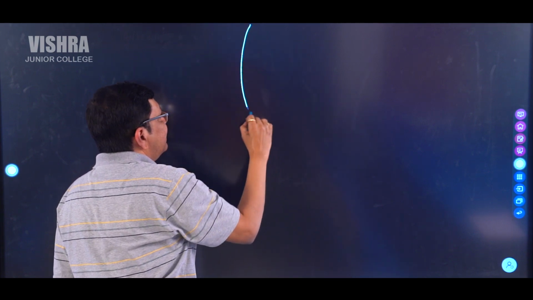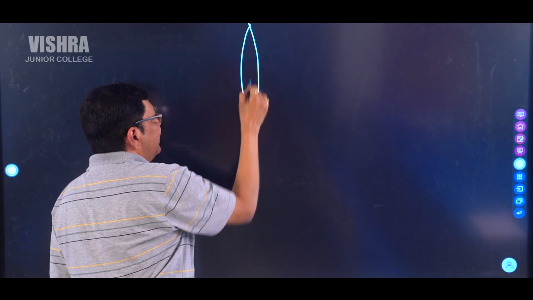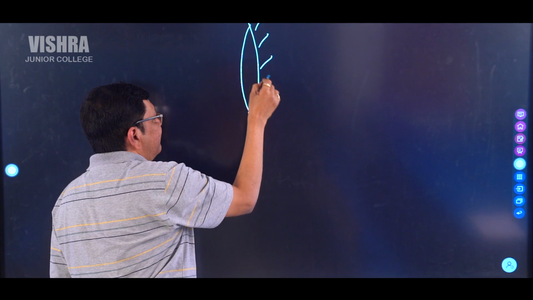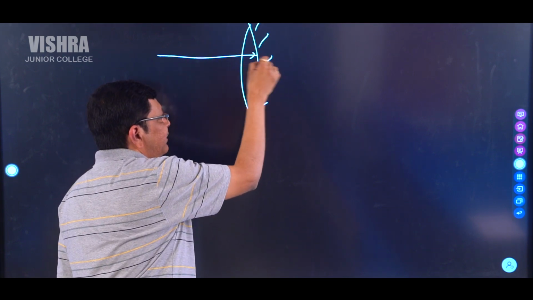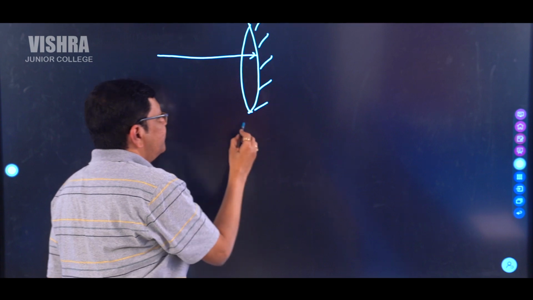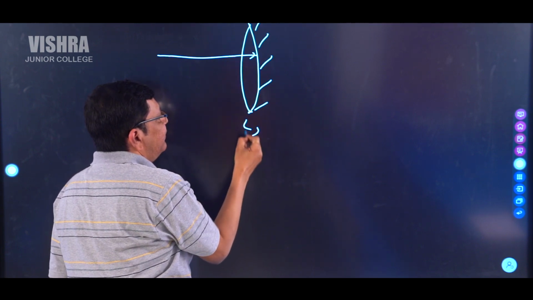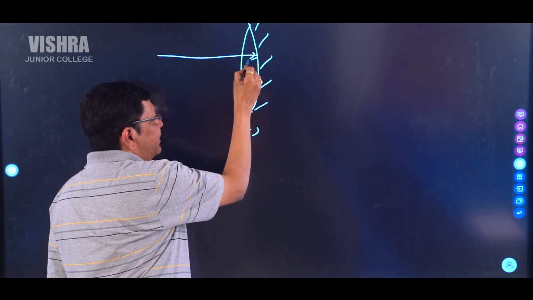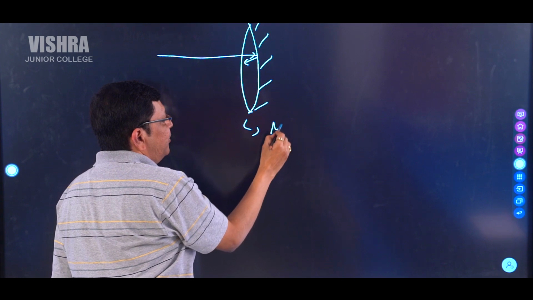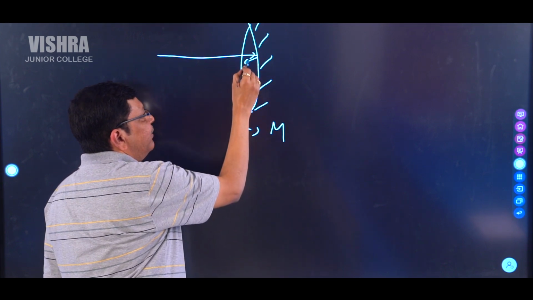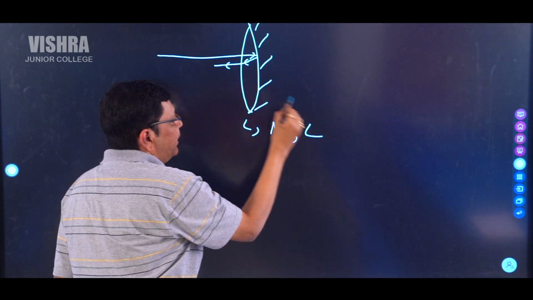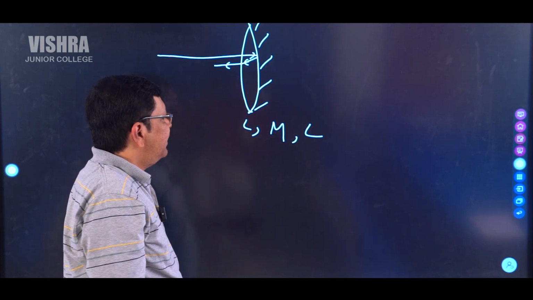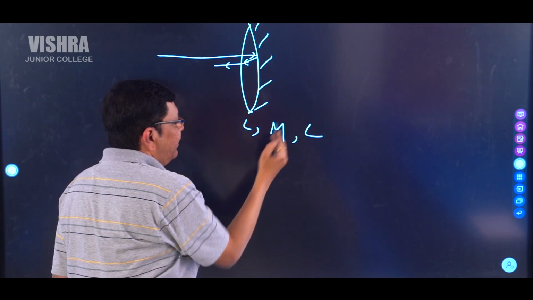In this case, there is a convex lens and this side is silvered. So when light rays travel, first they suffer refraction, so it behaves like a lens. Then light rays suffer reflection from the silvered surface, behaving like a concave mirror. Then while coming out, they again suffer refraction, so behave like a lens. So it's a combination of lens, mirror and lens.